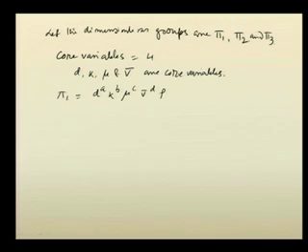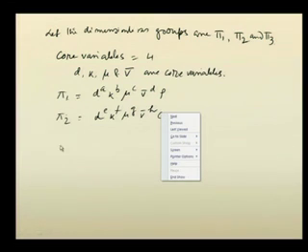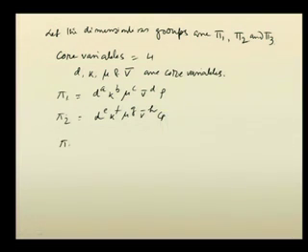Similarly, pi 2 is equal to d to the power e, k to the power f, mu to the power g, v bar to the power h and then c p. And then we have pi 3, where we will write d to the power i, k to the power j, mu to the power k, v bar to the power l and then h.